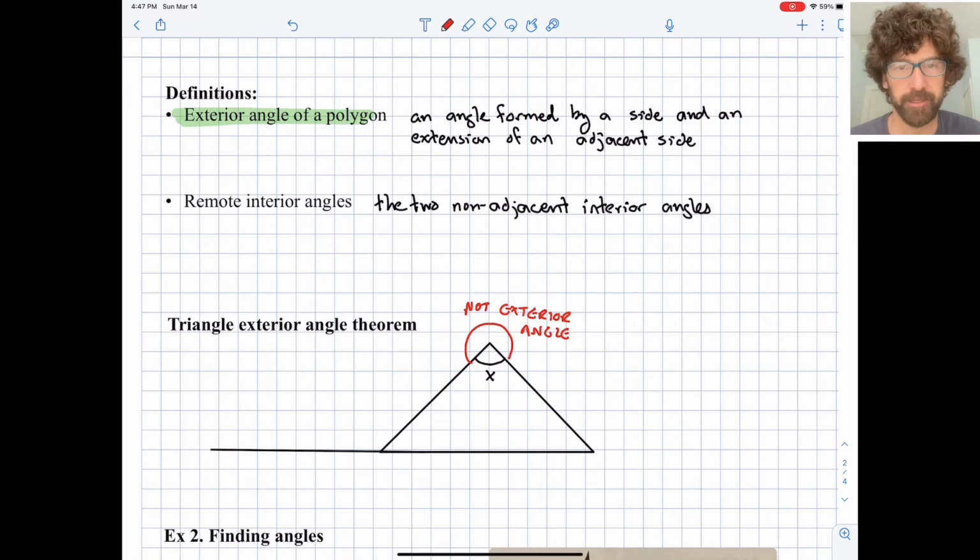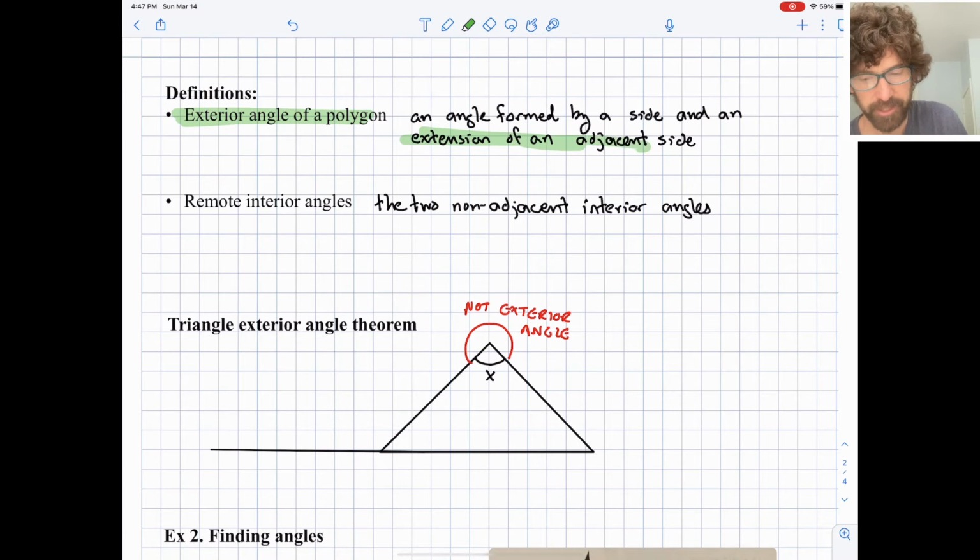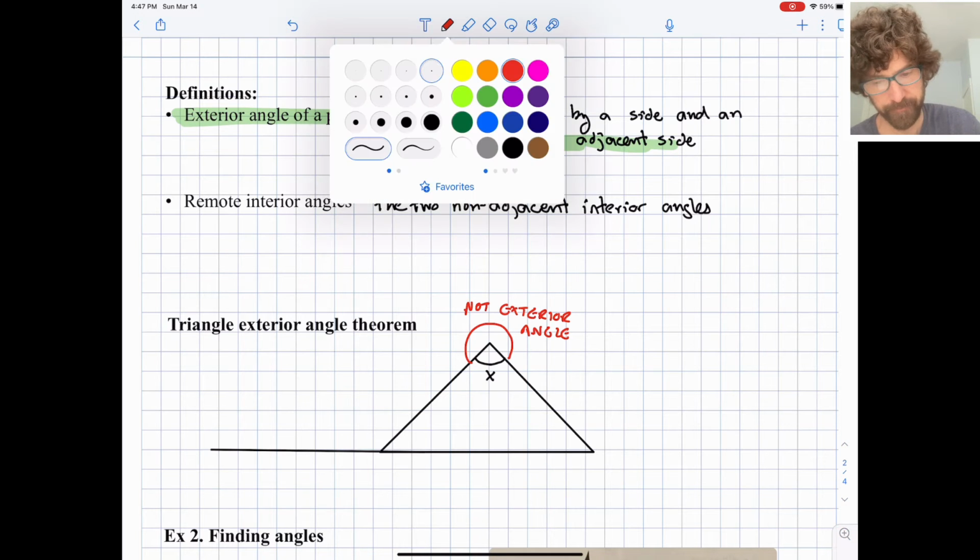You might say, well, it's outside the triangle, it's outside the polygon, and therefore it's exterior, but it doesn't meet our definition of an exterior angle, which has an extension of an adjacent side. So let's look at a slightly different example.